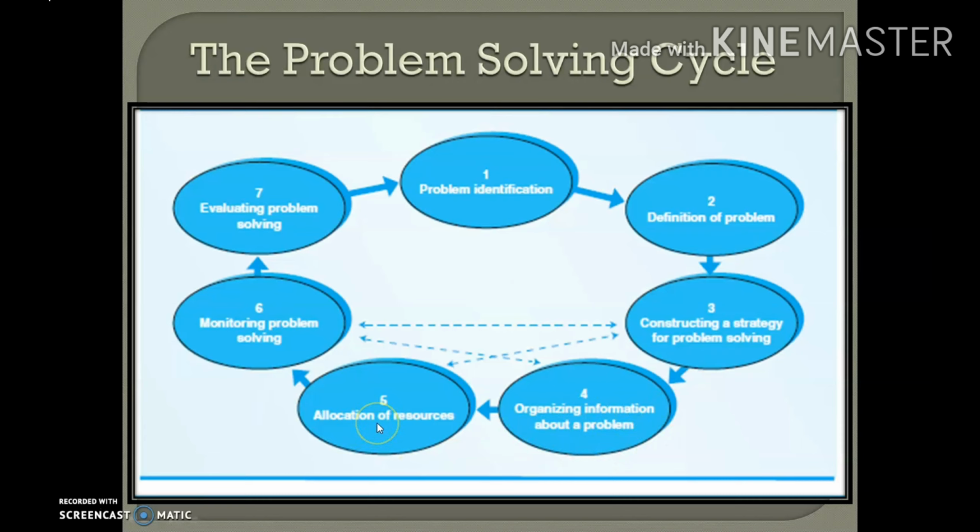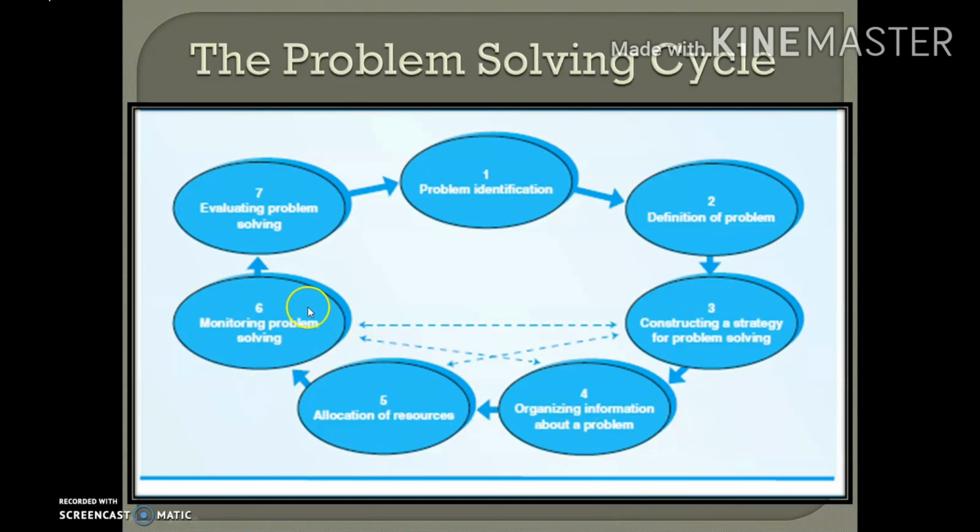Fifth, allocation of resources. How much time, effort, money should I put into this problem? So, time. I allocated my time in my mind. I planned it in my mind, when I should start doing this report.